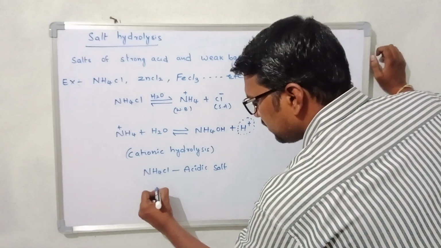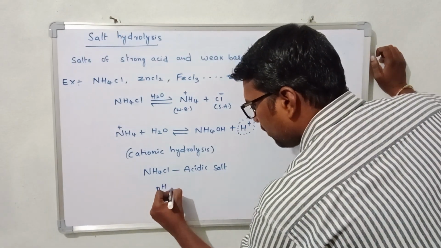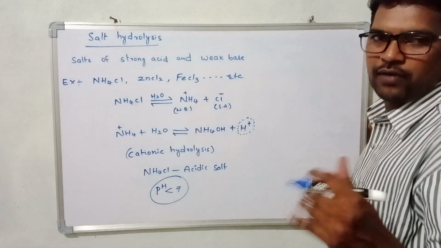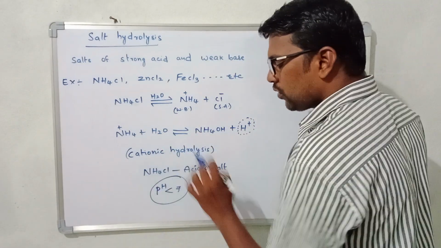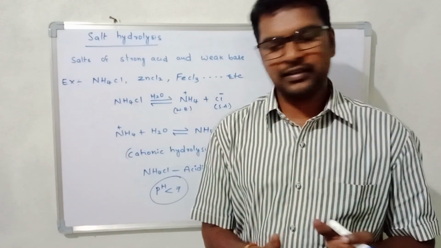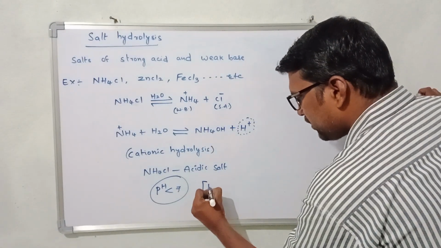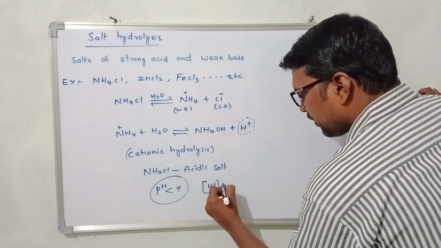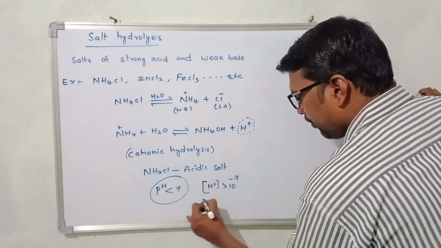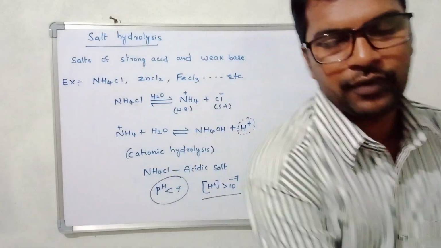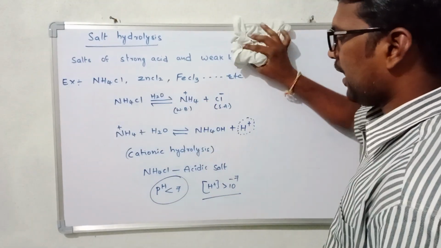Whenever it is an acidic salt, its pH value is less than 7. For acids, the pH value is less than 7. So NH4Cl acts as an acidic salt, and its pH is less than 7. pH less than 7 means the H+ concentration is greater than 10 power minus 7. So NH4Cl can be taken as an example of a salt of strong acid and weak base.